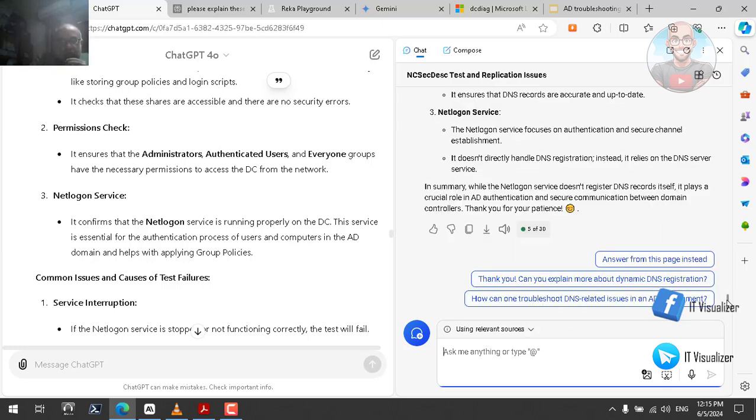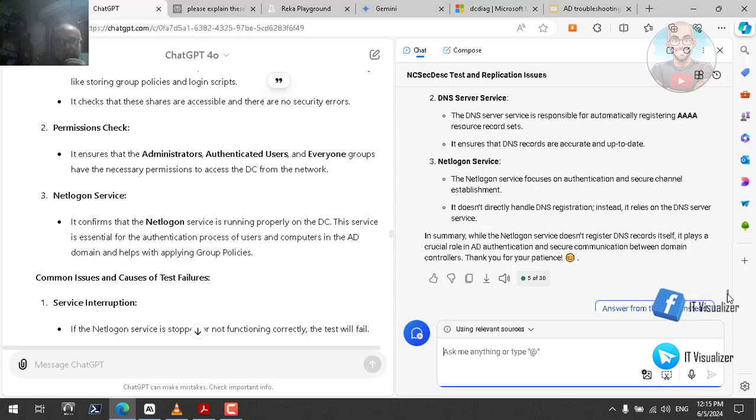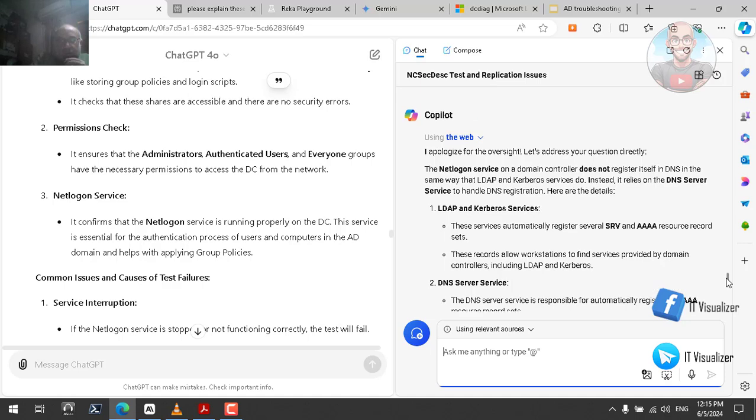Okay, so this is one error related to ChatGPT 4.0. The Netlogon service does not register itself in DNS in the same way LDAP and Kerberos do. Instead, it relies on the DNS server to handle DNS registration. Here are the details.